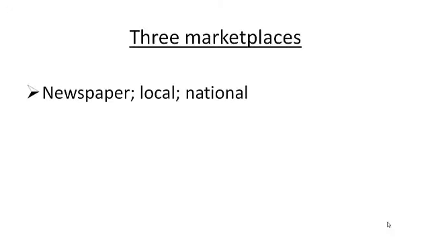Okay, so there's kind of 3 marketplaces really, or 3 levels of marketplace. The first one that we need to touch on, which is fairly tried and tested, are newspapers. So local, national, or whatever.